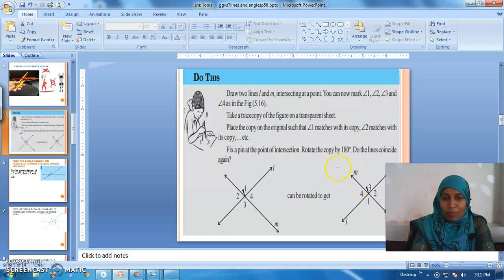Place this trace copy over this diagram itself such that angle 1, angle 2, angle 3 and angle 4 are coinciding. Both the papers should lie one above the other, with a pin on it so that the above trace paper can be rotated. It is capable of rotation.